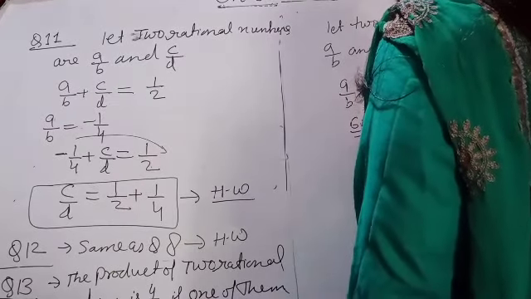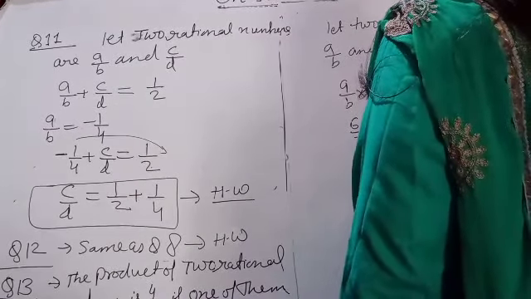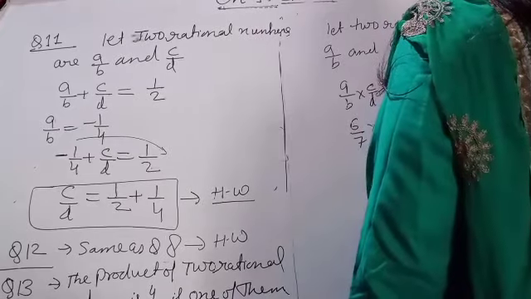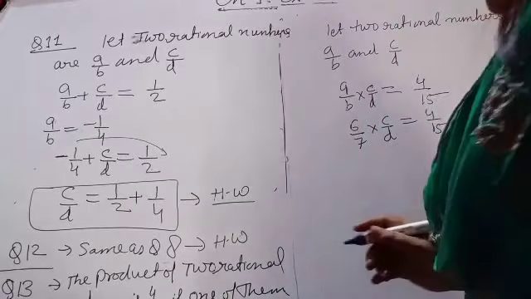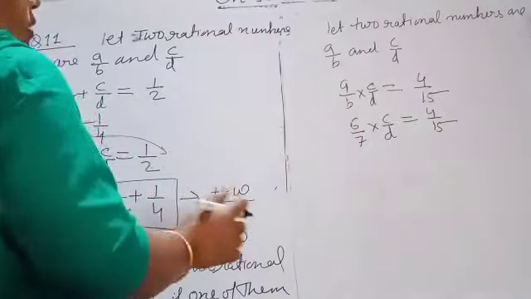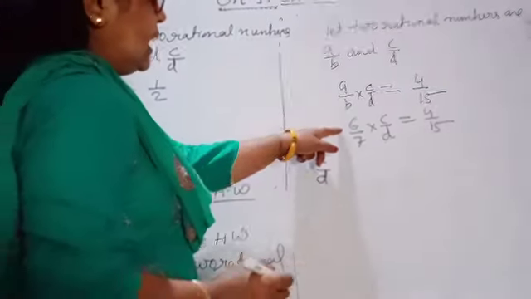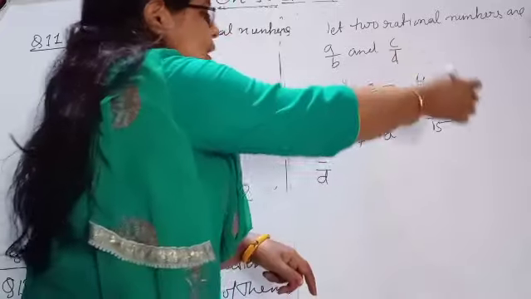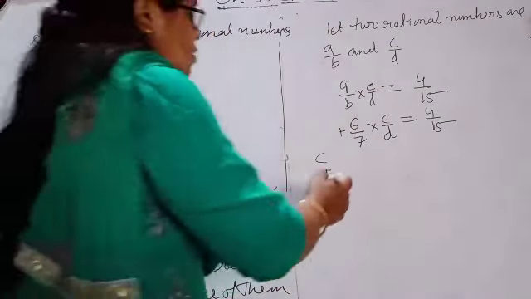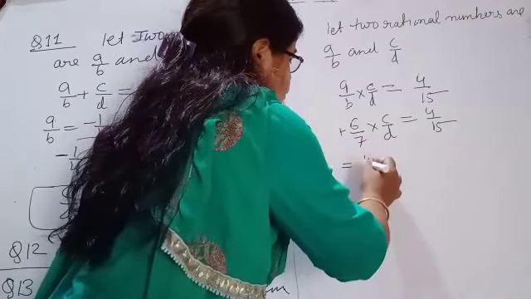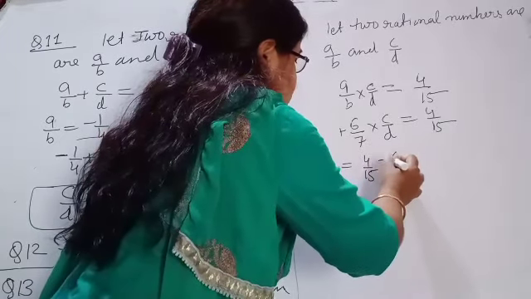Suppose the first number is 6 upon 7. Then 6 upon 7 into C upon D is equal to 4 upon 15. Whenever we have multiplication, you cannot do it like some children do, thinking that since it is plus, it goes to the other side, C upon D is equal to 4 upon 15 minus 6 upon 7.